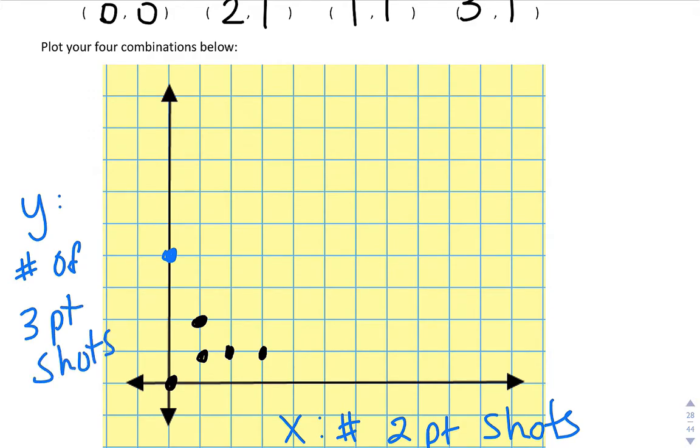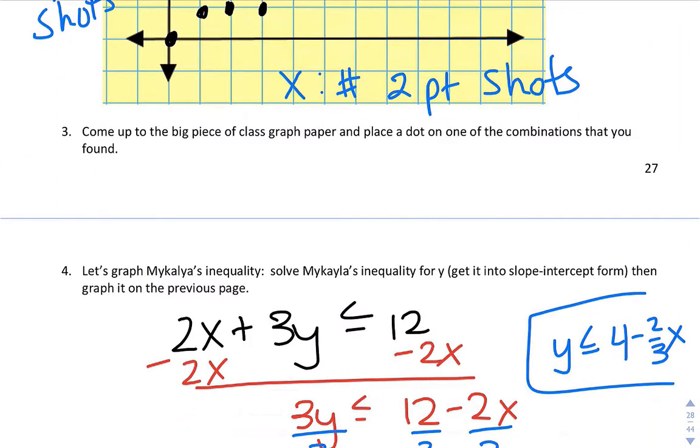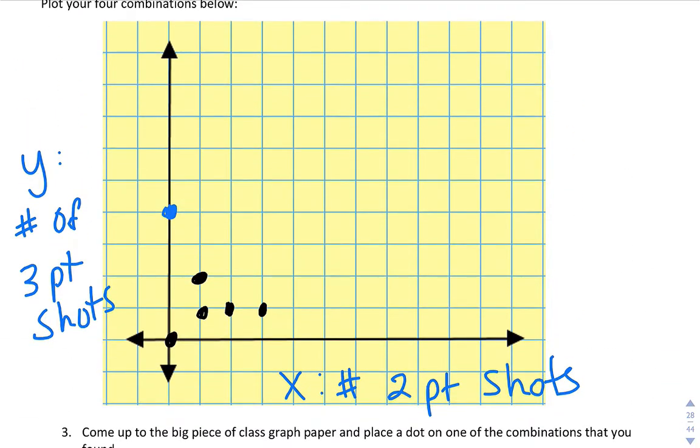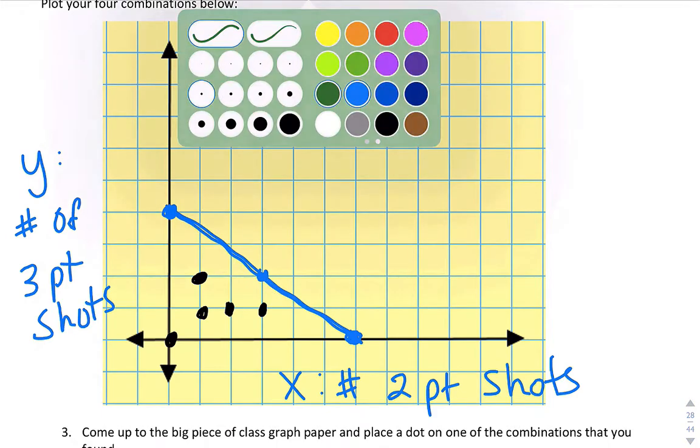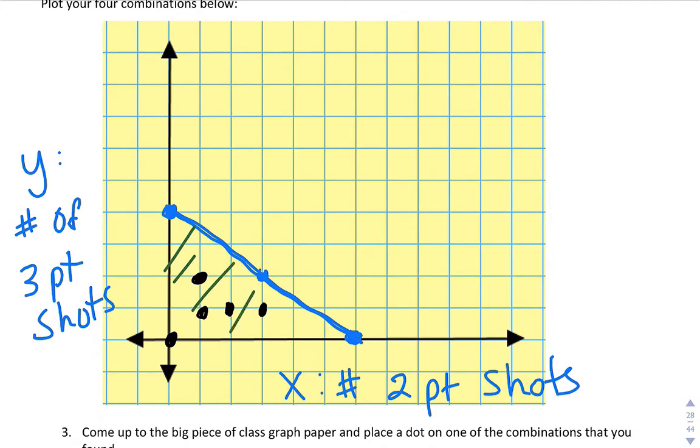Okay, so start here, and the slope is negative 2/3, so go down 2 over 3. We'll go down 2 over 3 again. And if we draw that line there, we can see that anything below that region had our dots in it.